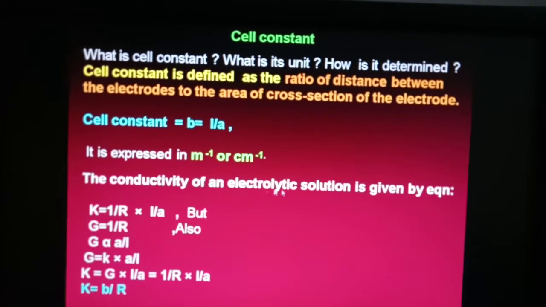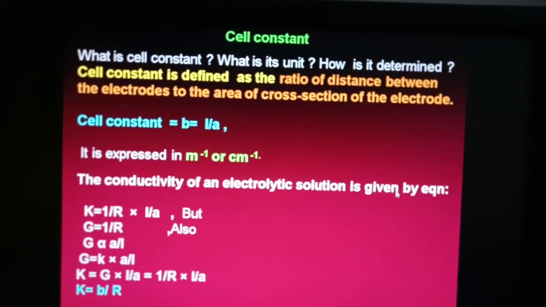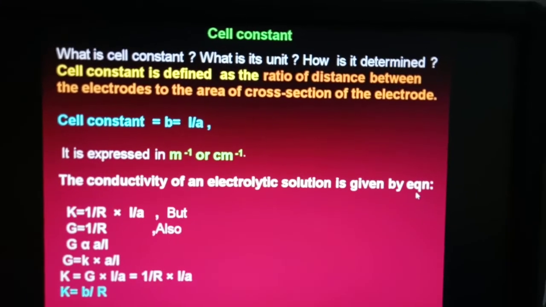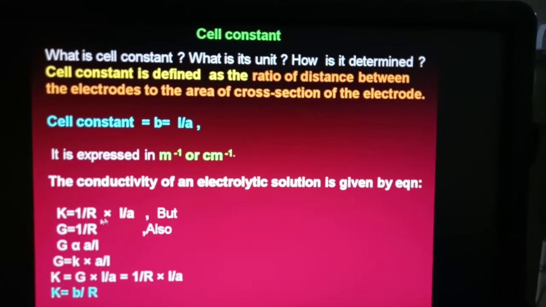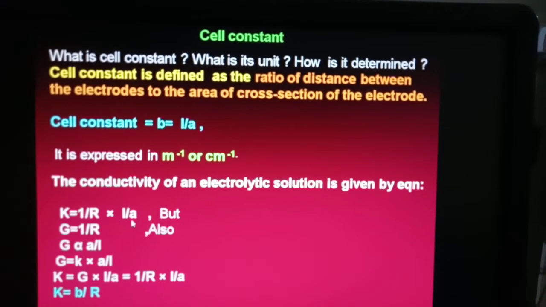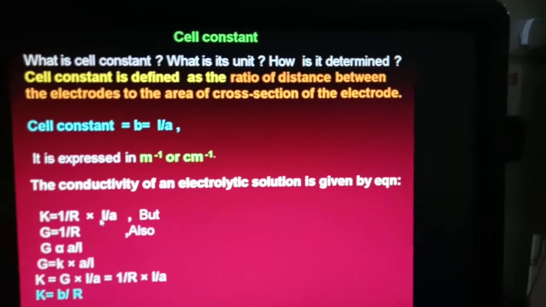The conductivity of an electrolytic solution is given by the equation kappa or K is equal to 1 upon R into L upon A, which we have studied previously.